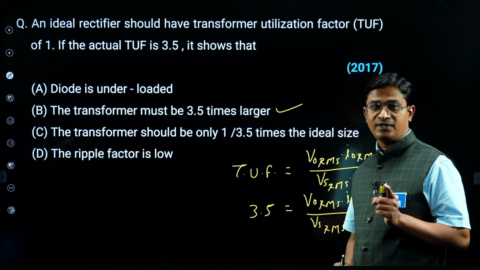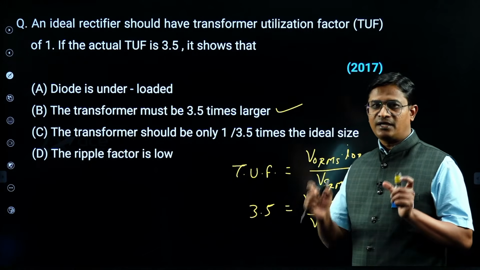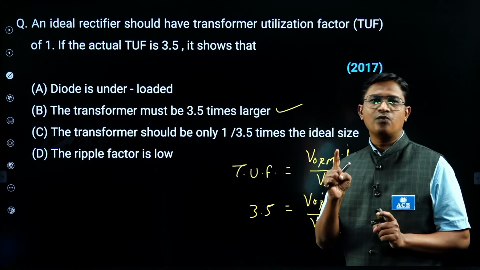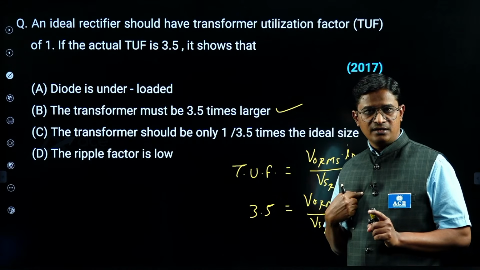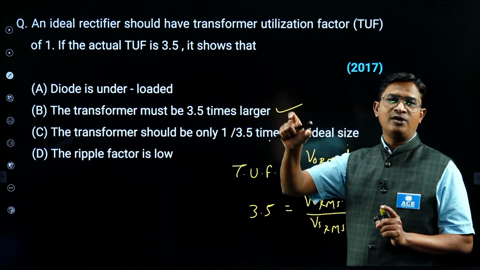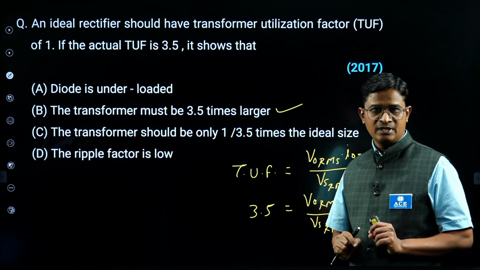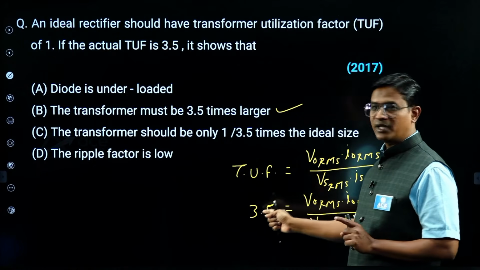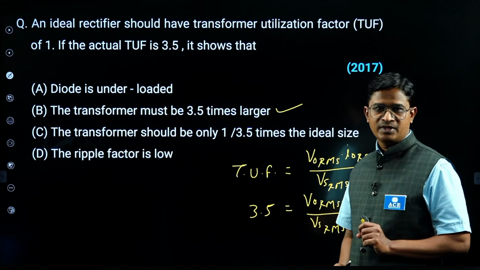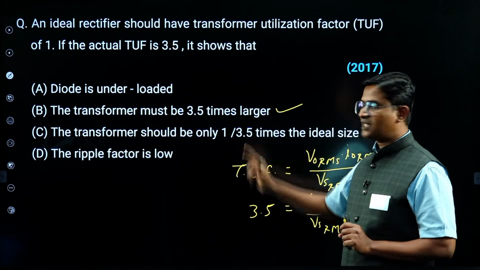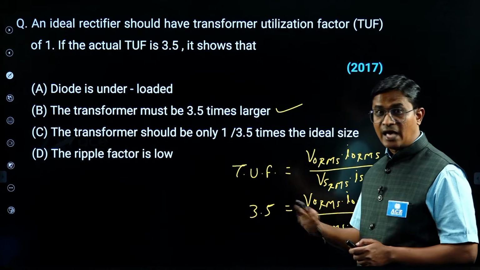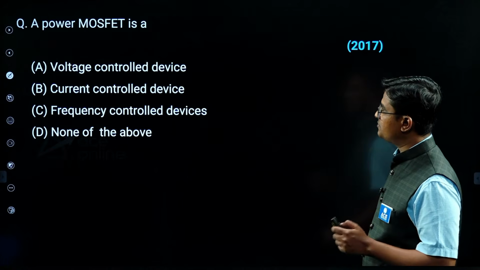In ideal rectifier, the transformer utilization factor should be equal to 1, means the power consumed by load and my transformer size should be equal. But in this case, we are getting 3.5, so that's why the transformer size should be 3.5 times larger, right? So option B is the correct option.